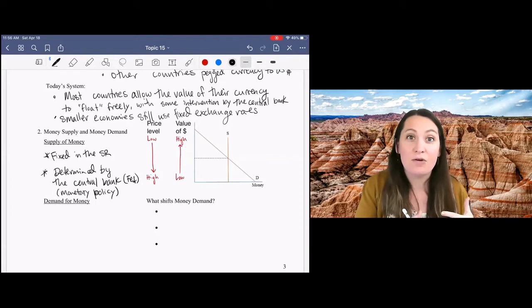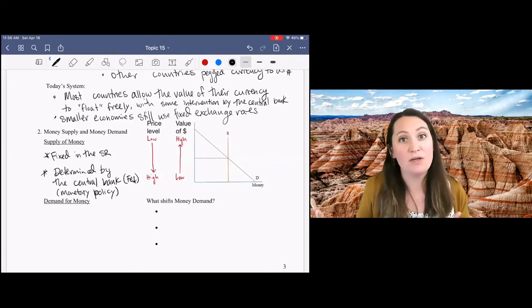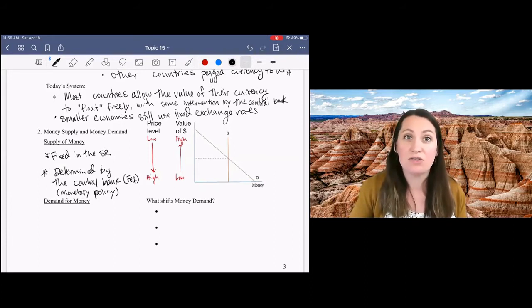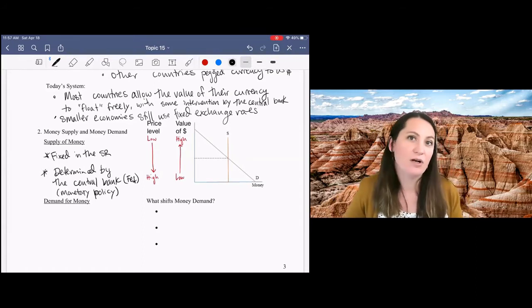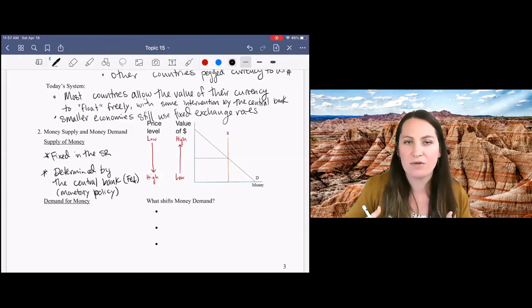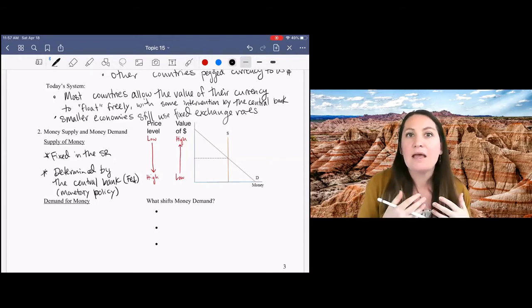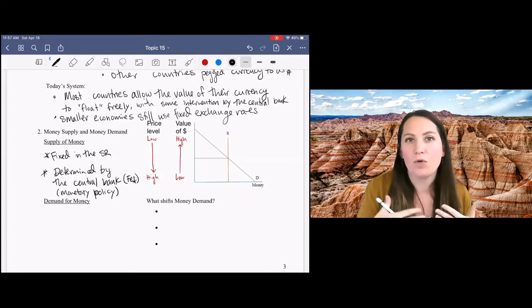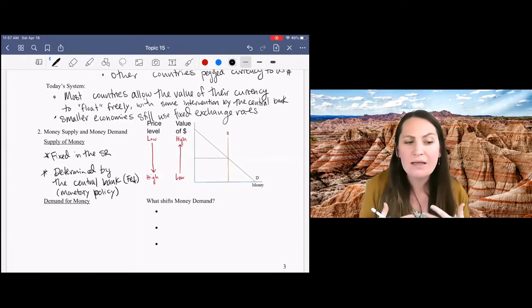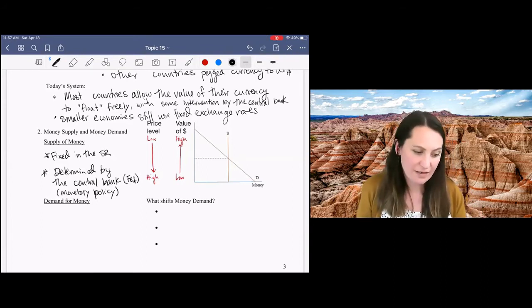Because if you're not planning to spend that money, you would want to put it into an investment account that's going to yield you some rate of return, some interest on your investment, since you're loaning it out to other people who are hopefully doing productive things with it, and then you will get some rate of return. So the only reason you want to hold your assets in liquid form, in money, is because you think you might want to spend them.